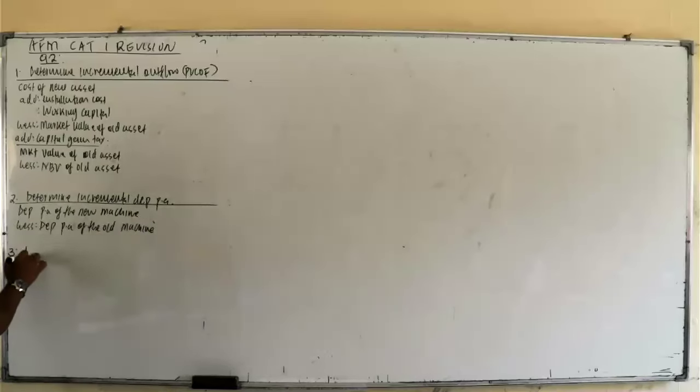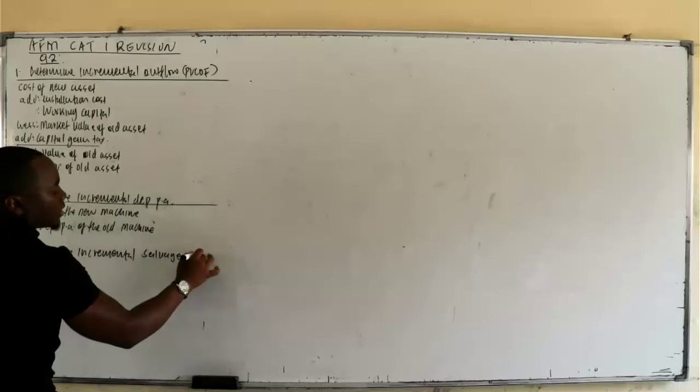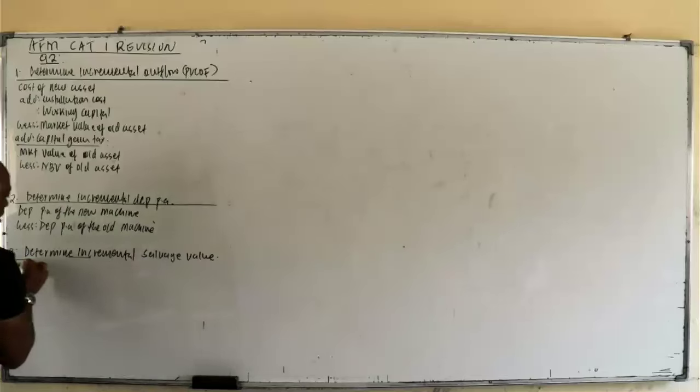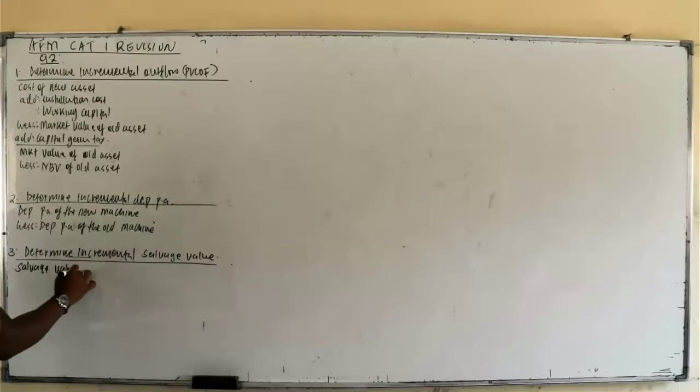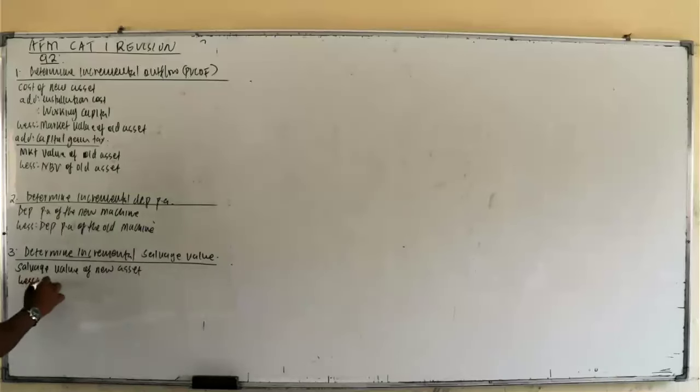Then step number 3, you determine the incremental salvage value. Kindly don't copy. To get the incremental salvage value, you take the salvage value of the new asset, you deduct the salvage value of the old assets.